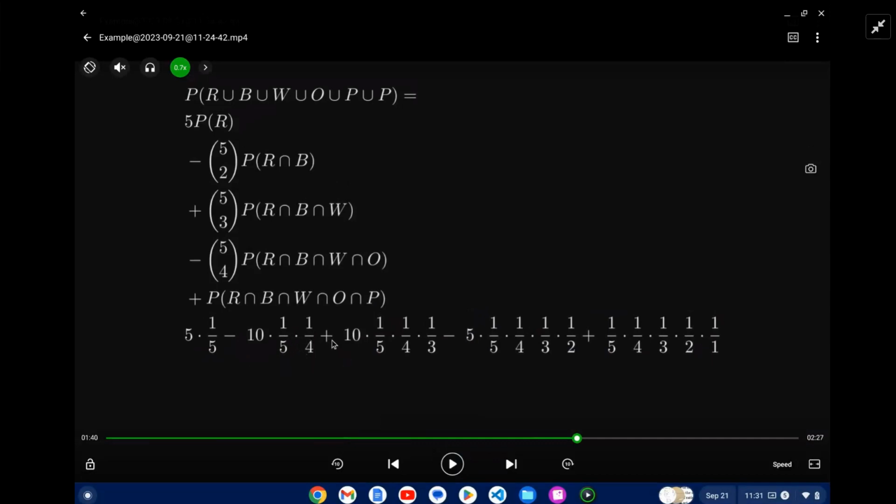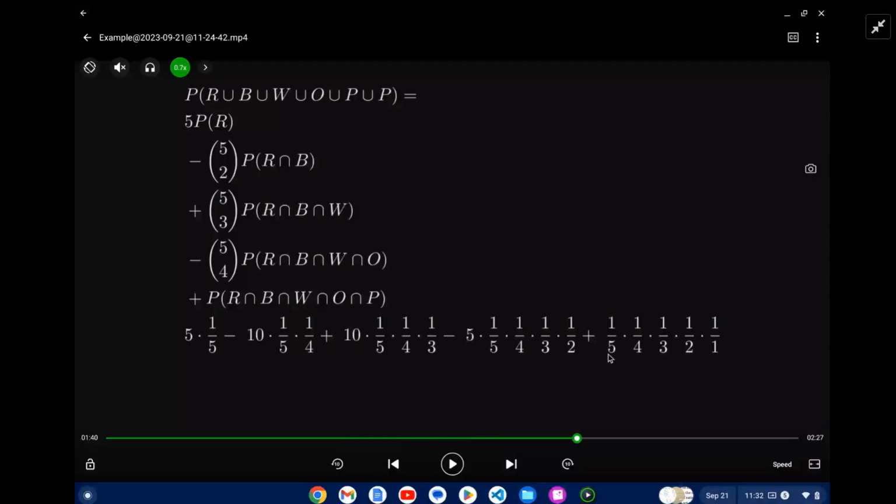We add now. 5 choose 3 is 10. First box, second box, third box, then minus. Now there's only 5 ways, 5 choose 4, to get 4 combinations out of 5. Probabilities here: first box, second box, third box, fourth box. Finally, only one way to do all 5 boxes, and the probabilities are there.